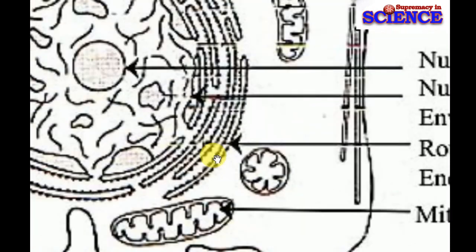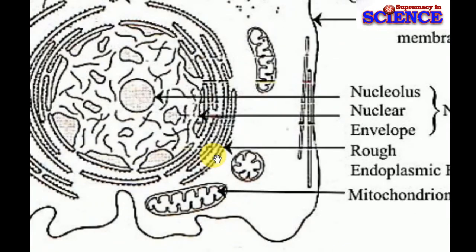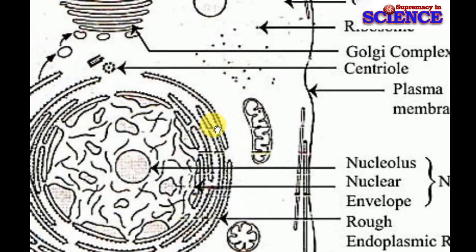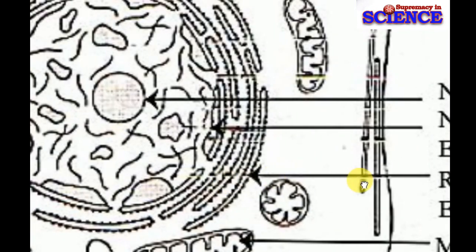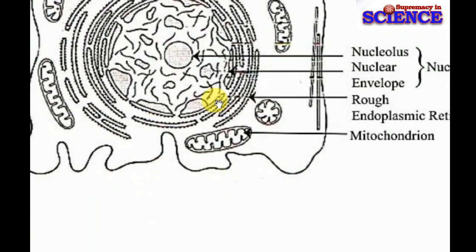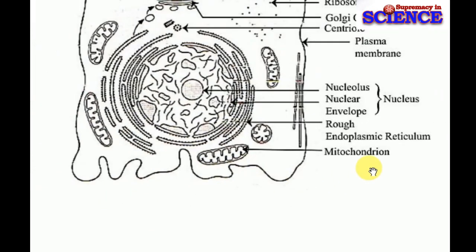We call these structures ribosomes. We will learn in the future that ribosomes are also found in the free space in the cytoplasm. But these ribosomes are attached to the membrane of the endoplasmic reticulum. Therefore, due to these attachments, this endoplasmic reticulum is further detailed by the name rough endoplasmic reticulum.